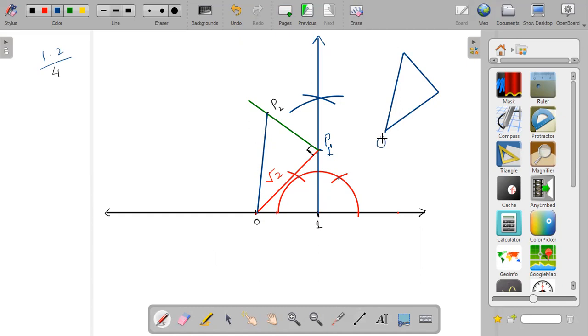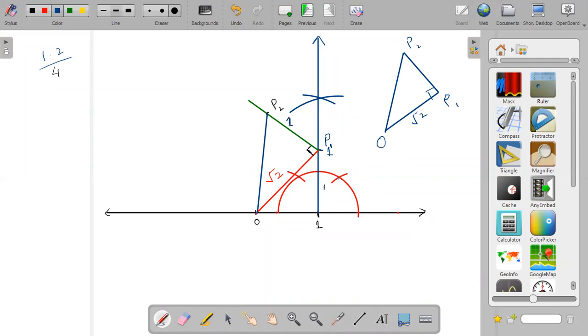This is O, correct? This is P1 and this is P2, correct? This is root 2, and this is the perpendicular. This distance is root 2, and this distance we are always taking as 1, so you should write 1 here.